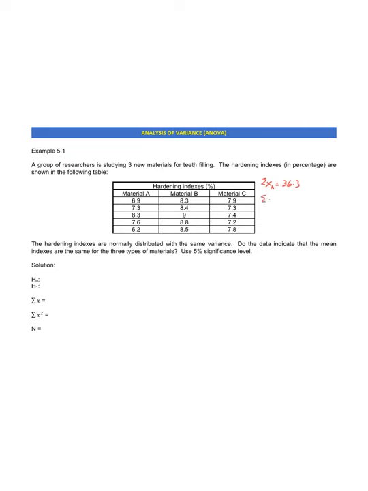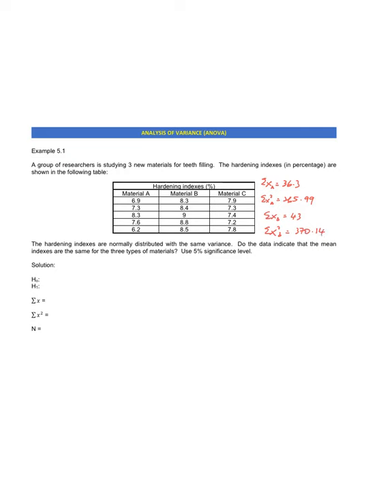And then summation of x square for material A, we get 265.99. Okay, and then summation of x for material B, we get 43.9. And summation of x square for material B is equivalent to 370.14.